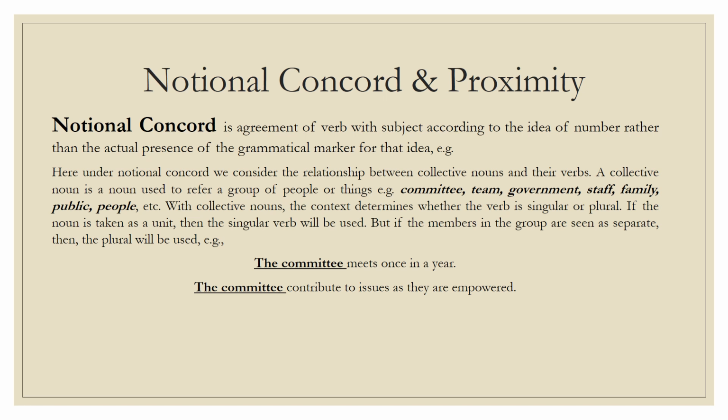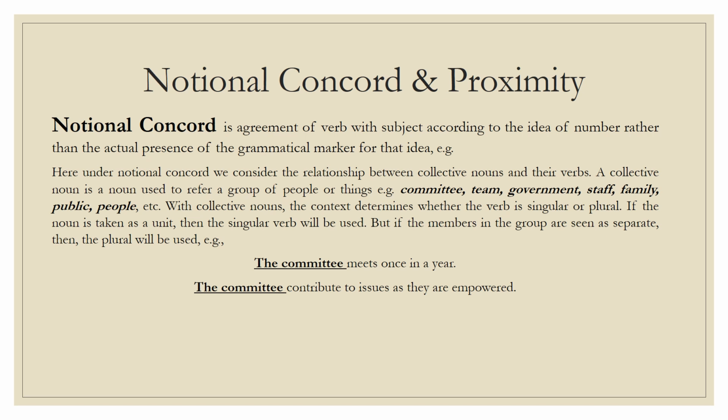So the verb will be singular if we consider the meaning of the noun in the position of the subject as singular. But if we consider this noun as plural in meaning, the verb should be plural as well. Such nouns are called collective nouns.